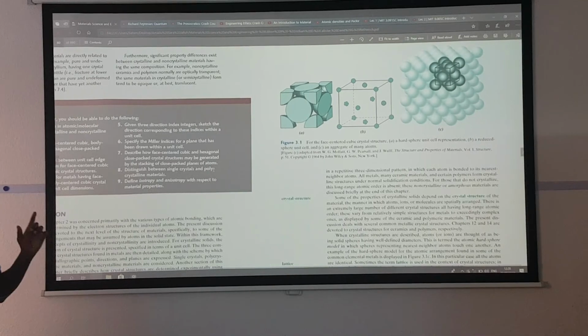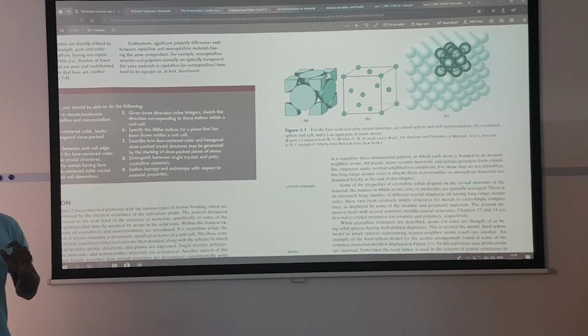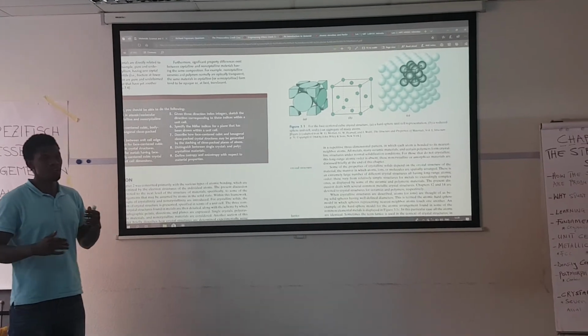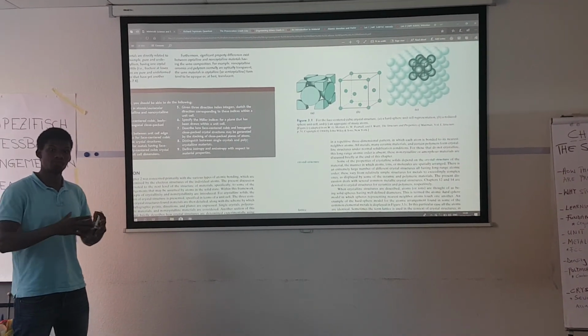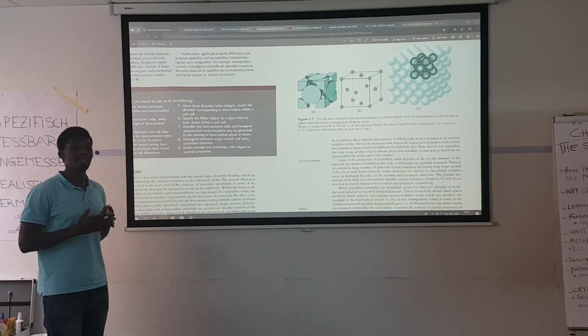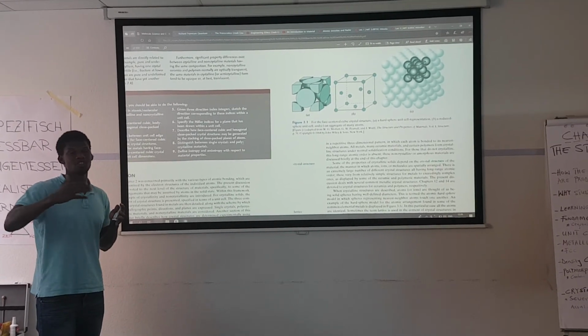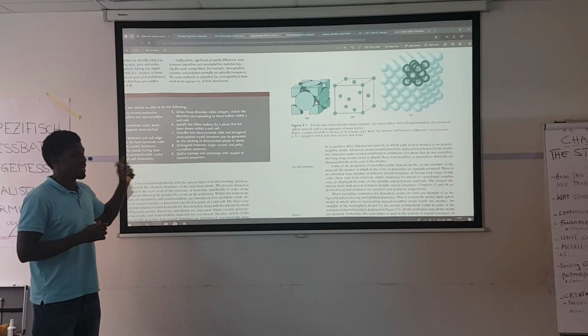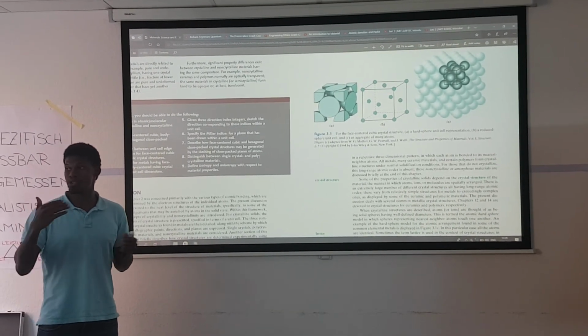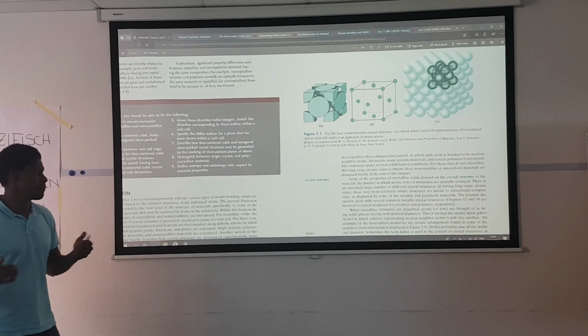If you have a crystalline material, a single crystal, it only has one structure that is repeating throughout. So if it has an HCP structure throughout the material, you only have an HCP structure. But when we say polycrystalline, that means it has many structures. It can have a hexagonal, a face-centered, a body-centered. We're going to see all these terminologies and what they mean.